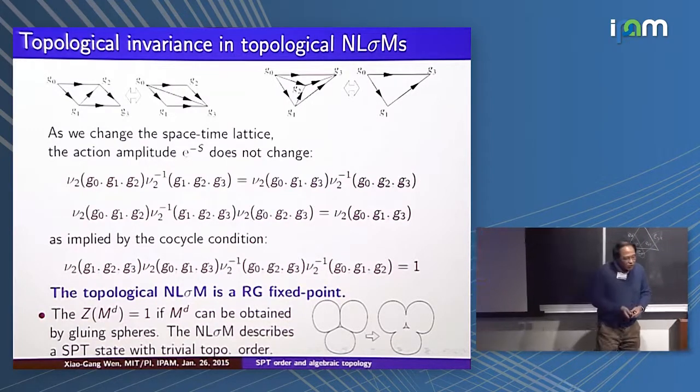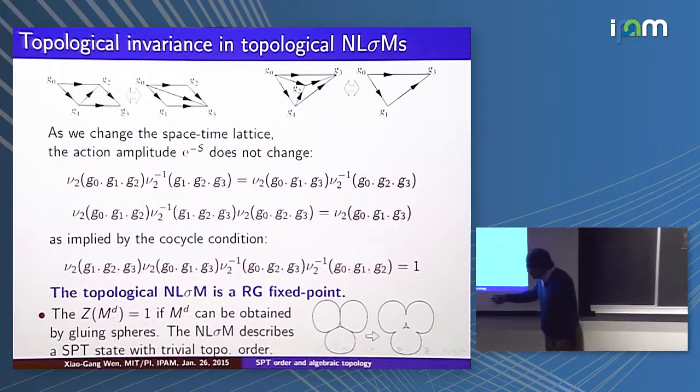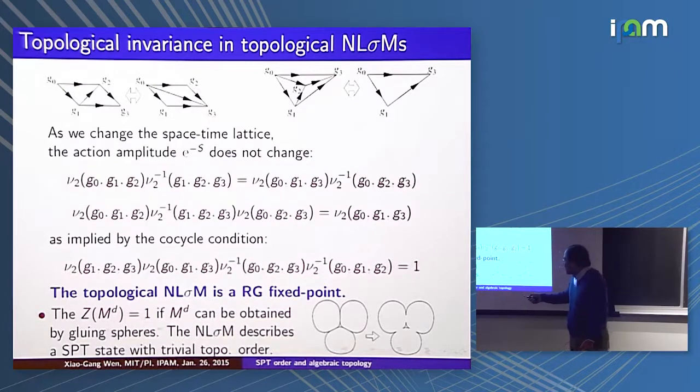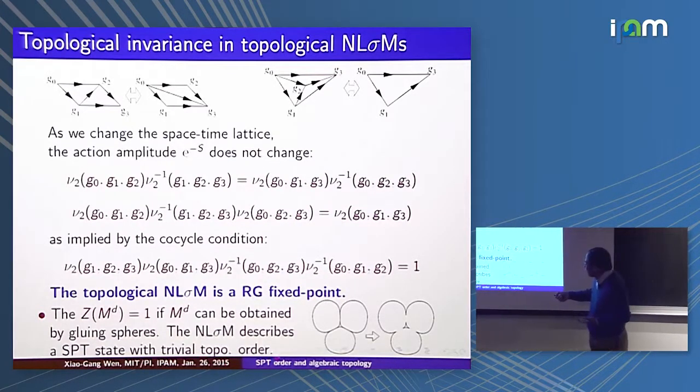Therefore, because the partition function equals 1 on every orientable manifold, we say that this group cocycle describes a trivial topological order. But this state is non-trivial because I have symmetry, so that's the SPT states.